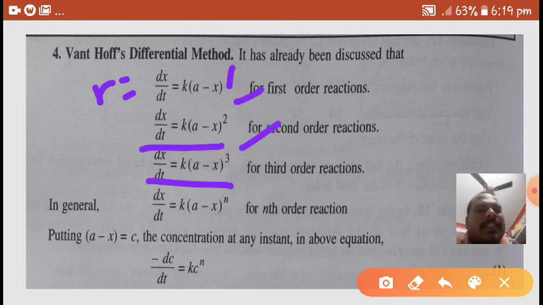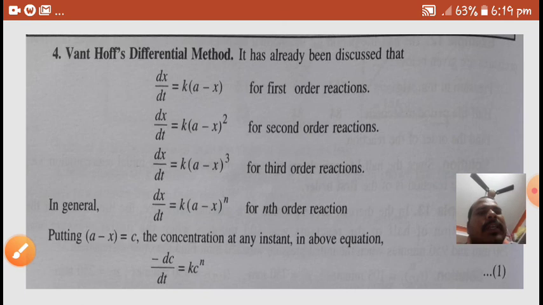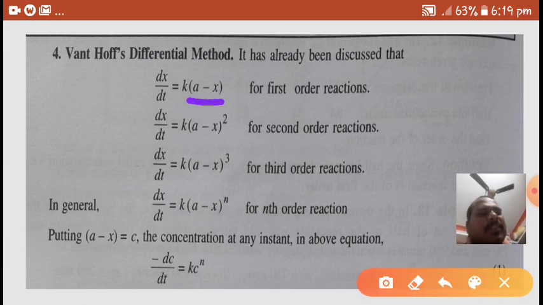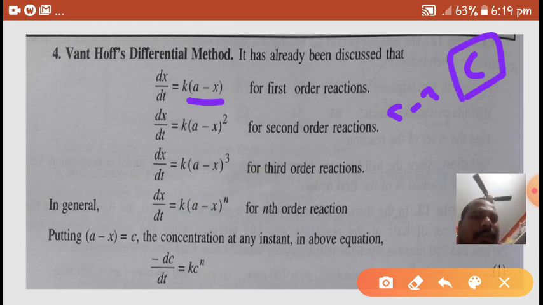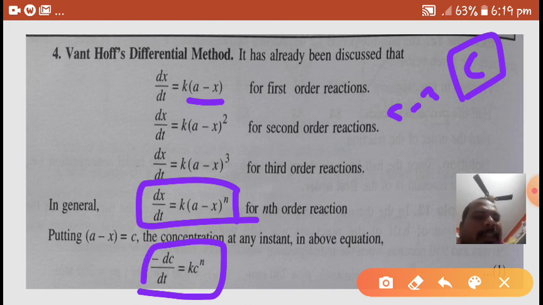For third order reactions, it is 3. So we can write this for nth order reactions. Here a minus x is the concentration, so a minus x can be written as c. In place of a minus x I am writing c, then the equation would be: minus dc by dt is equal to k c to the power of n.